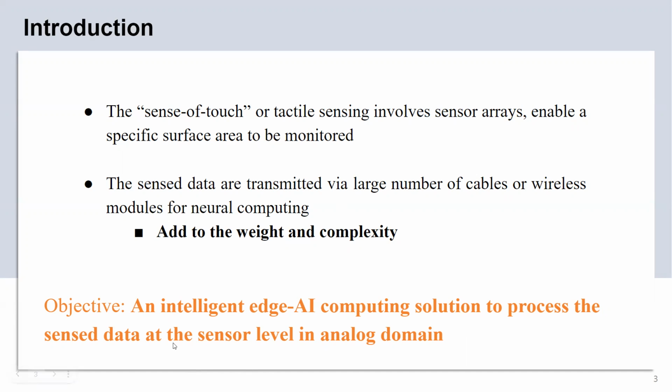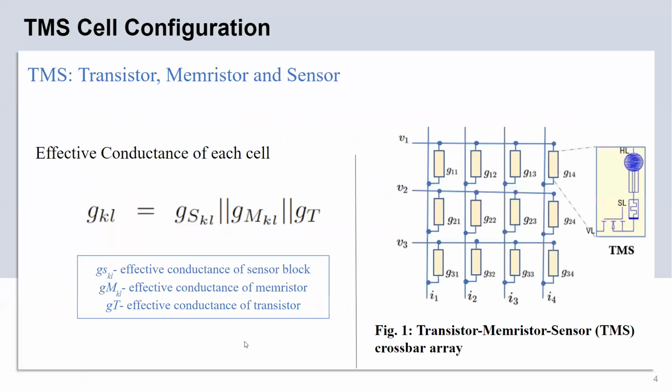So efficient integration of the sensor unit next to a memristor neural network is the main objective of this paper. So for that, we propose a TMS cell configuration.